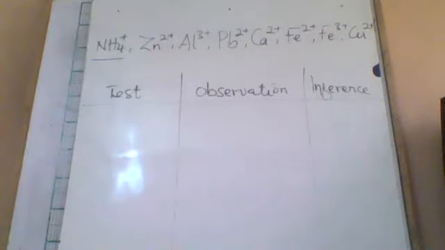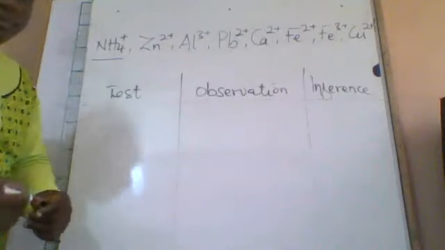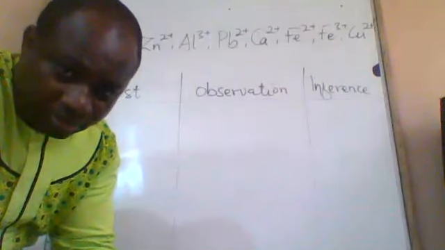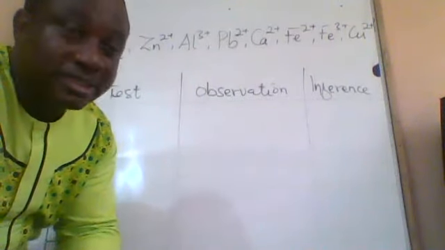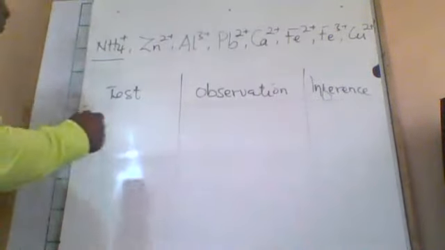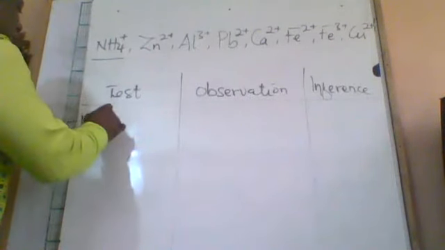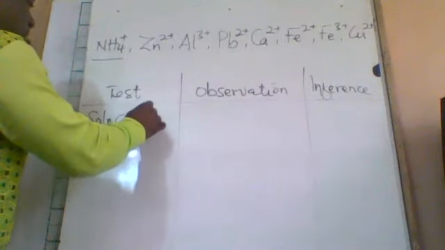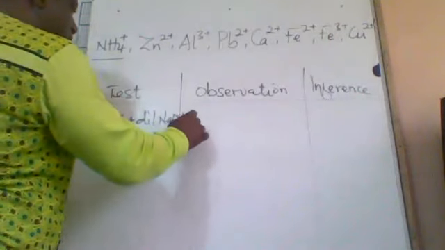Now, let us assume that the test solution that I want to identify the ions in is labeled C. We are just assuming that the test solution is labeled C. So solution C plus dilute sodium hydroxide, aqueous.